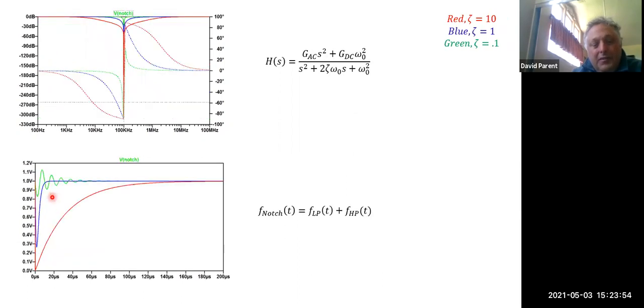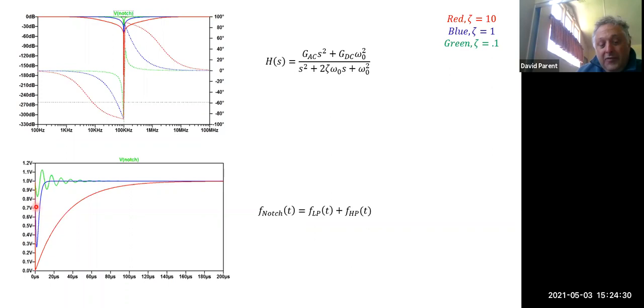And for the notch, again, it's the slow pole that dominates. But notice the notch starts at 1, goes down and comes back up. Look at the underdamped or the overdamped one.